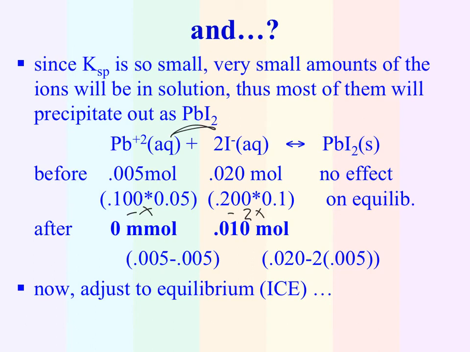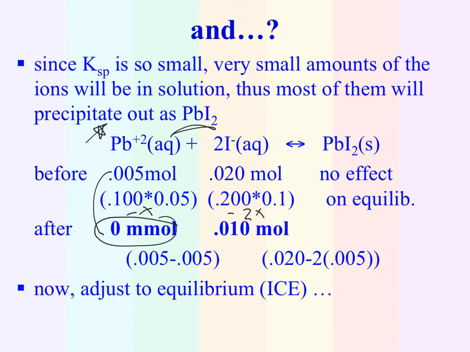The reality is we know that this precipitates, so we're going to treat our lead ion as the limiting reactant and say that it gets all used up. So x is therefore going to be the difference between these two, and what we end up with is 0.005 as our value for x.